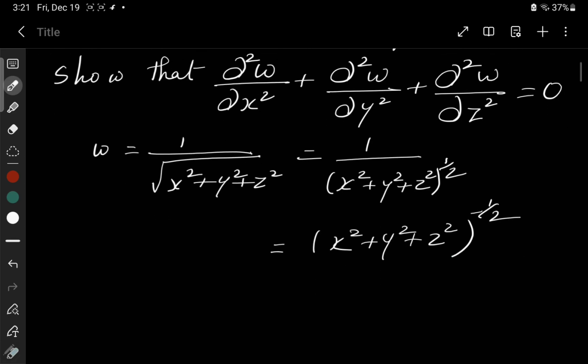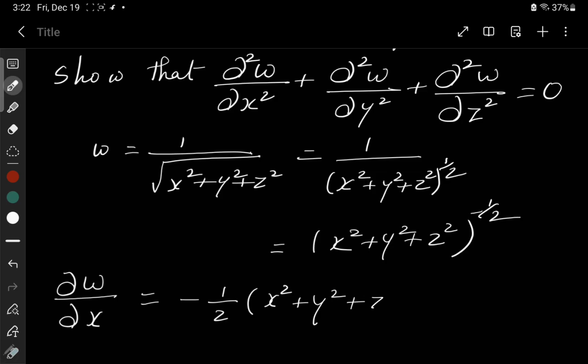Now you will differentiate w partially with respect to x. Del w by del x. So minus half, half comes in front. x squared plus y squared plus z squared to the power minus half minus 1. We reduce 1 in the power, and partially we differentiate x alone, 2x.